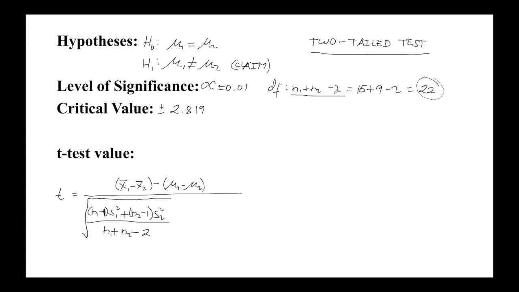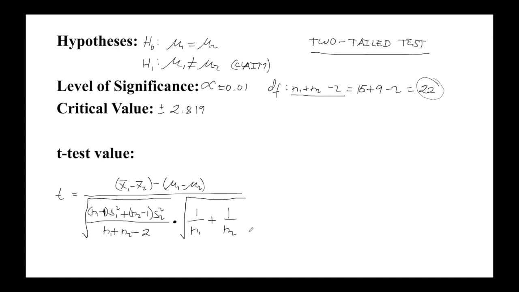This is multiplied by the square root of, we're not done, there's still another part of the formula: 1 over n sub 1 plus 1 over n sub 2. So, ayan ang ating formula.